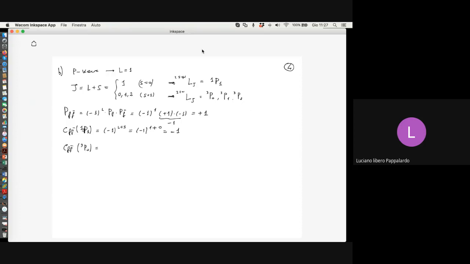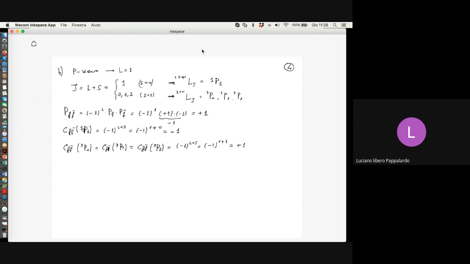This must be the same for 3P1 and also the same for 3P2, because they come with the same assignment of orbital angular momentum and spin. So for all three cases, we have (-1)^(L+S) equal to (-1)^(1+1), that is +1.